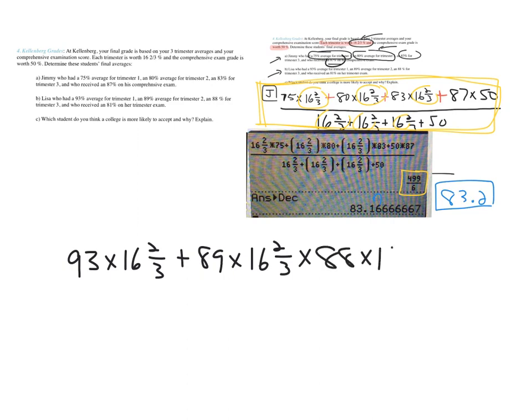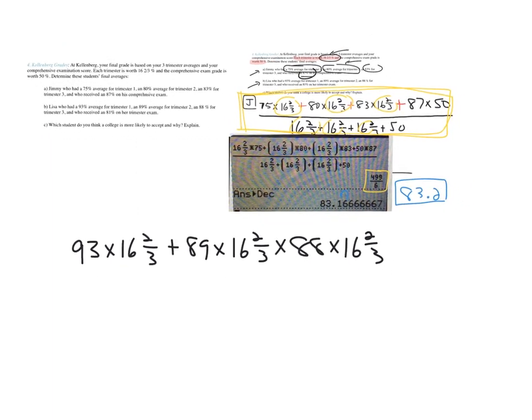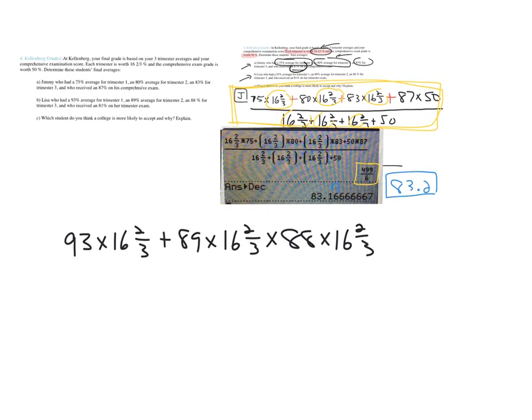For Lisa, she had a 93 average for the first trimester times the first trimester's weight, 16 2/3, an 89 average for the second, so that times 16 2/3, an 88 for the third trimester times its weight, 16 2/3, and then for the comp, she got an 81, so plus 81 times 50%.